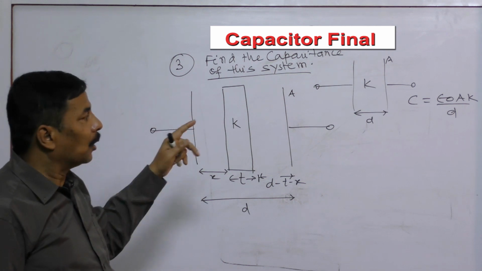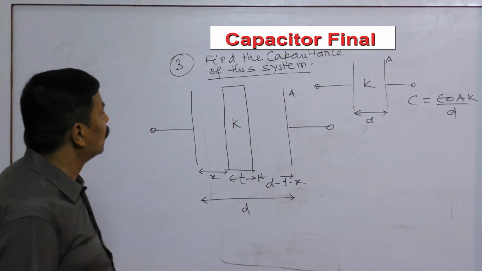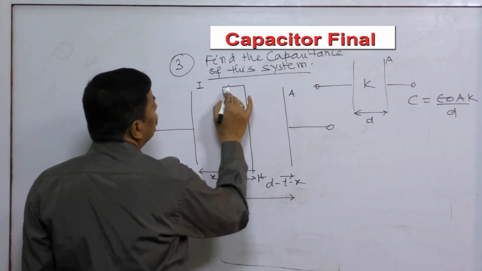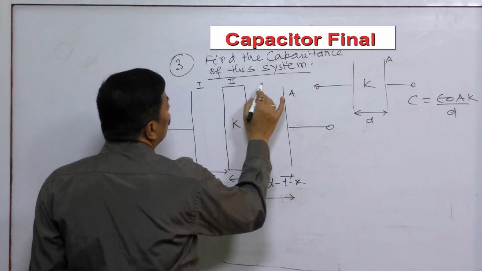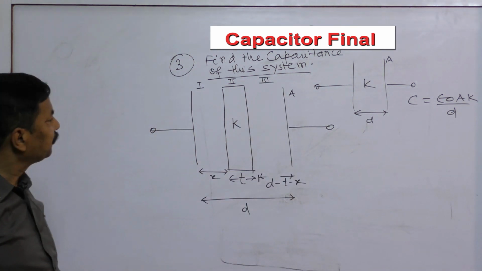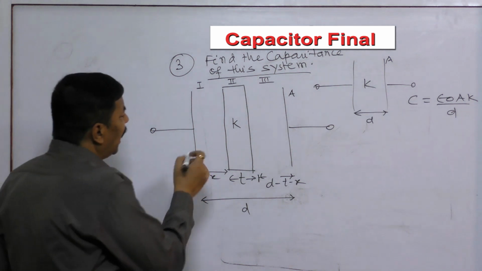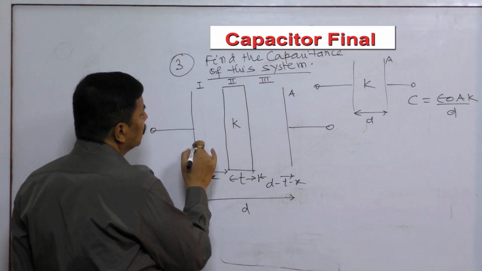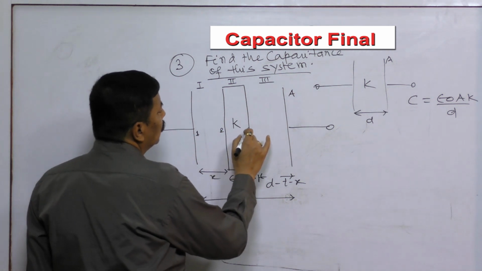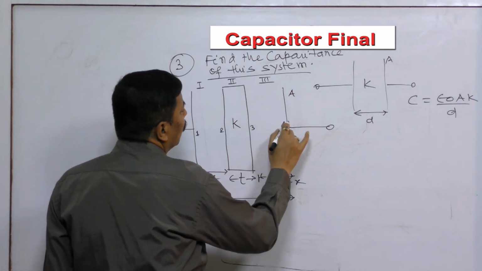This I would like to discuss right now. If this situation is given to you, you are seeing that there are three regions: region 1, region 2 and region 3. I am giving the names of the surfaces 1, 2, 3, 4.